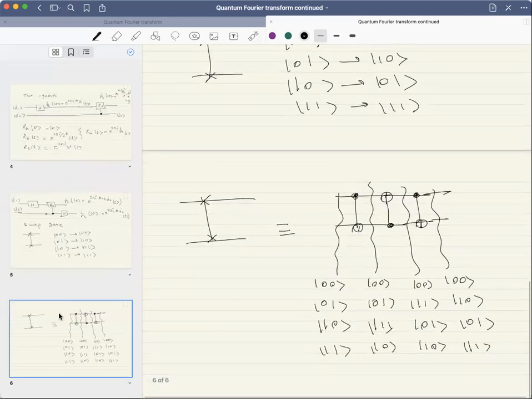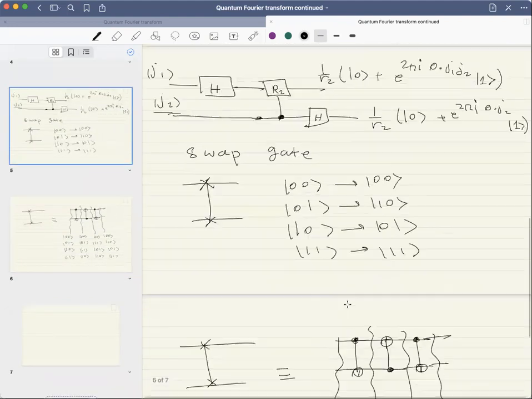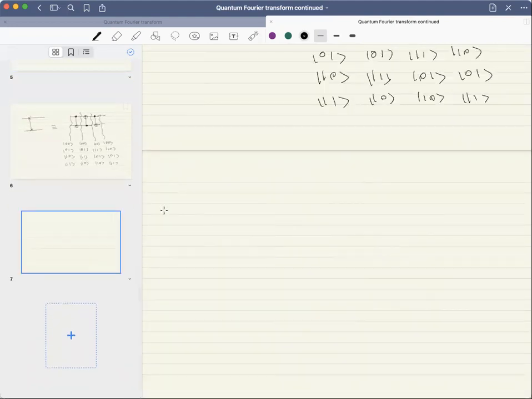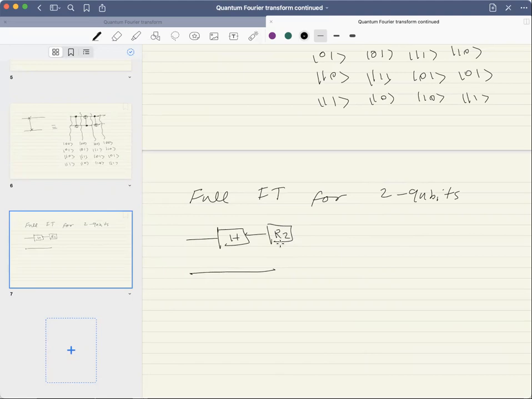So now if I want to do the full Fourier transform for 2 qubits, well, what I would do is, again, I do the same thing. I hit the first one with a Hadamard, then I do a controlled R2 on the first one.